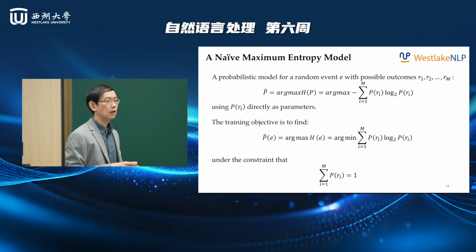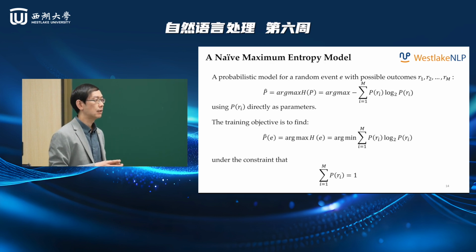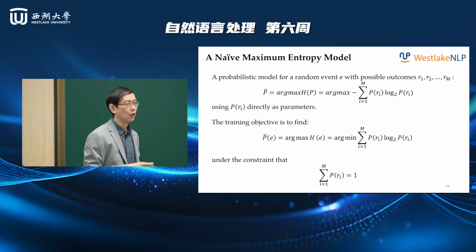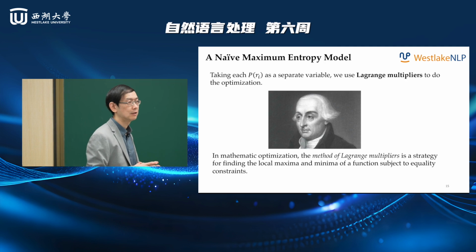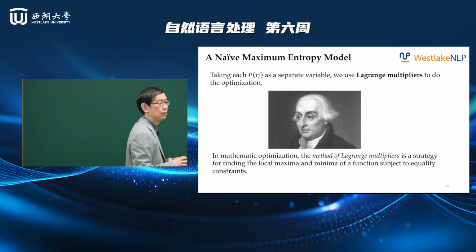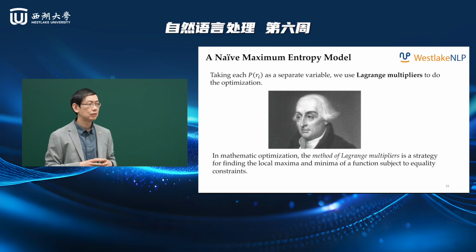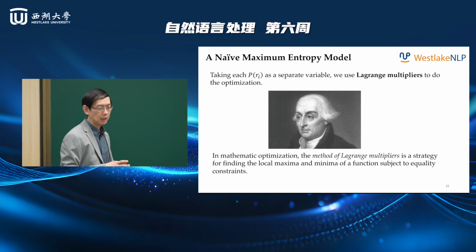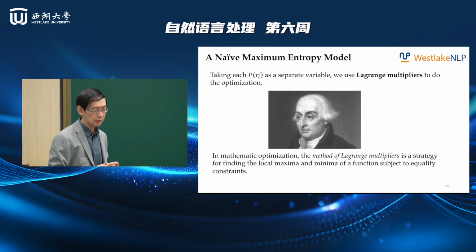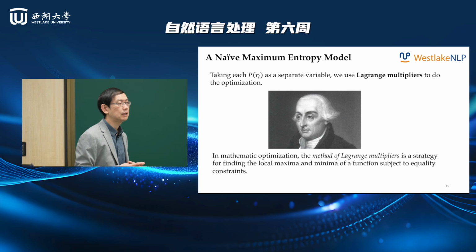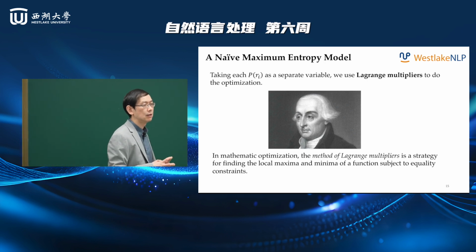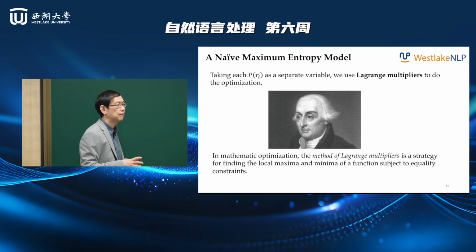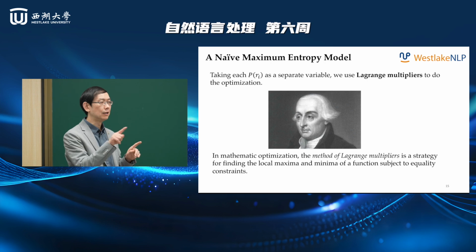So how do you find a constrained maximum or a constrained minimum? You all know, remember in your calculus class, which you had maybe a year ago. You can use the Lagrangian multipliers, the Lagrangian equation, to solve the problem. The basic idea is to turn a constrained minimization problem into an unconstrained minimization problem, given that your constraints are equality constraints.